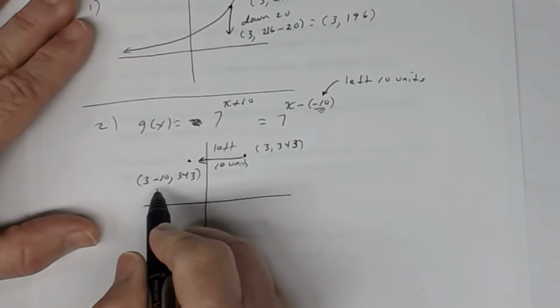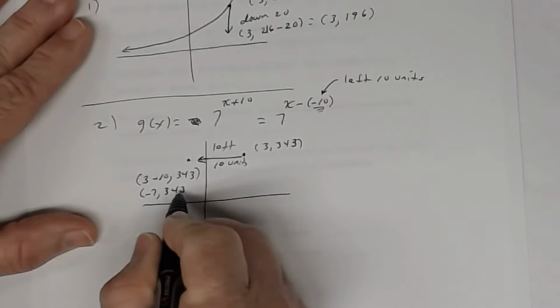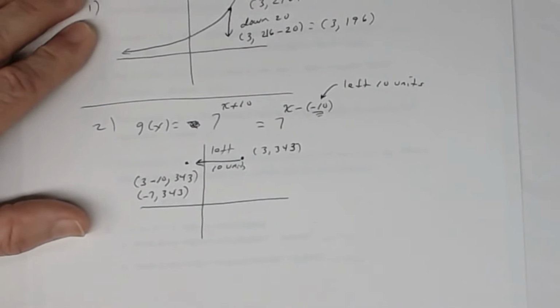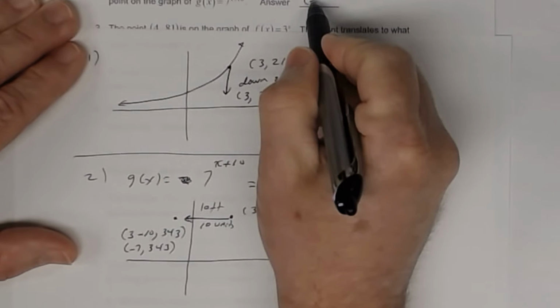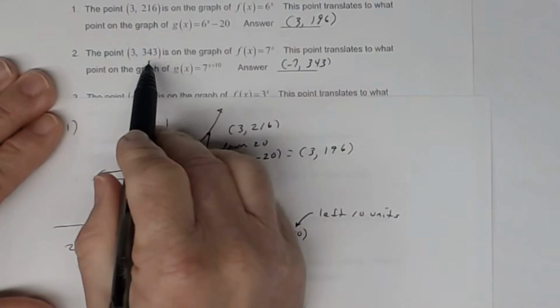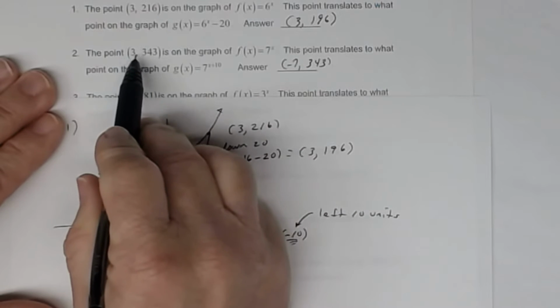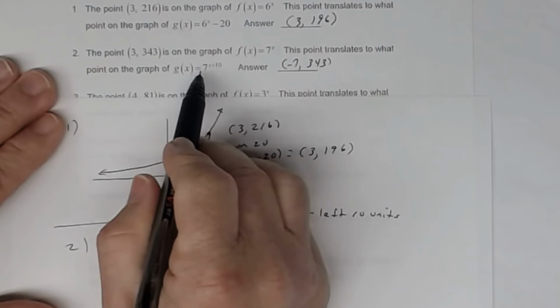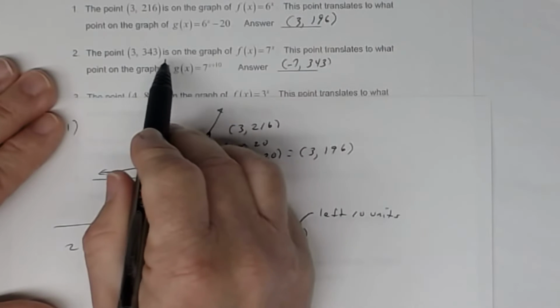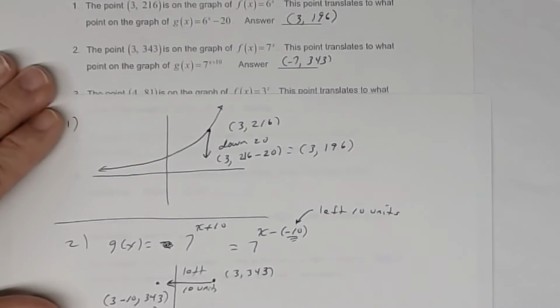So 3 subtract 10 becomes negative 7, and you get (-7, 343). That's the answer to number 2. The y-coordinate stays the same; it's the x-coordinate that changes. So for g of x, we had to take this point and shift it to the left 10 units.